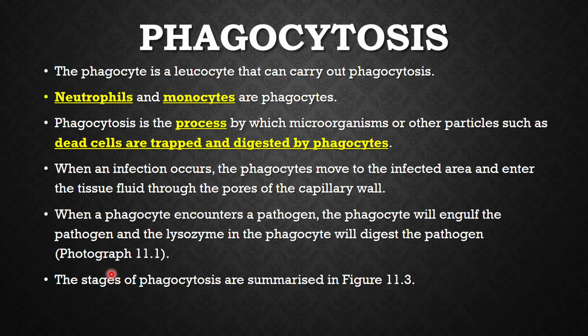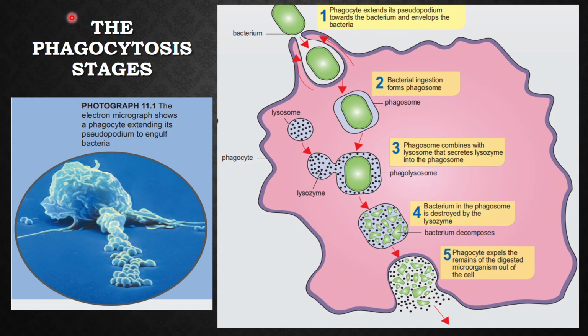Okay, so let's look at the picture. Now this is the one showing a phagocyte extending its pseudopodium to engulf the bacteria. Now these are the stages of phagocytosis.